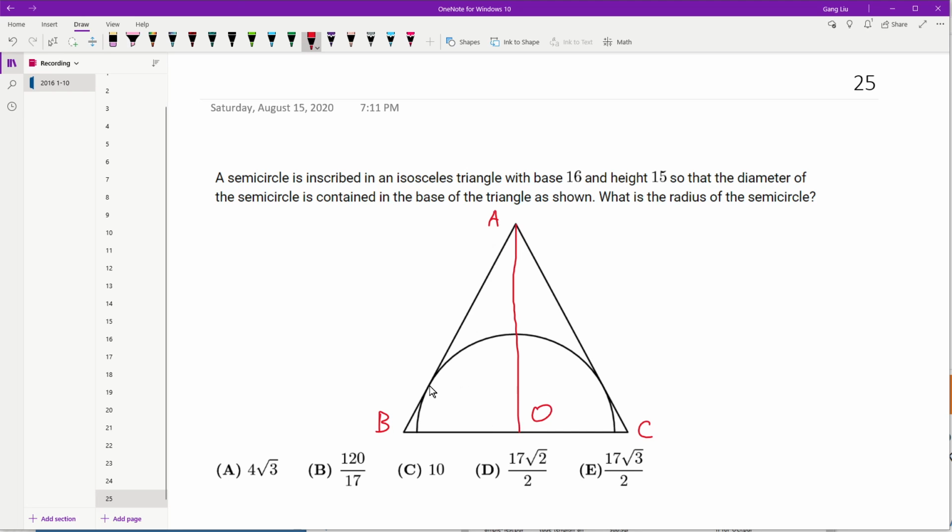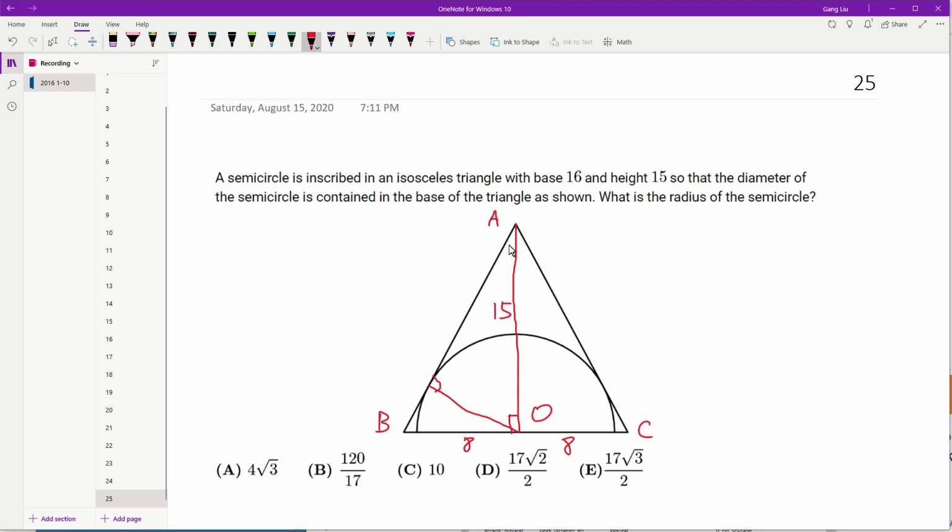We also draw a vertical line from O, and that will be tangent to this semicircle. And so the base is 16, O will bisect 16 into 8 and 8. So the height is 15, and this is a right triangle.